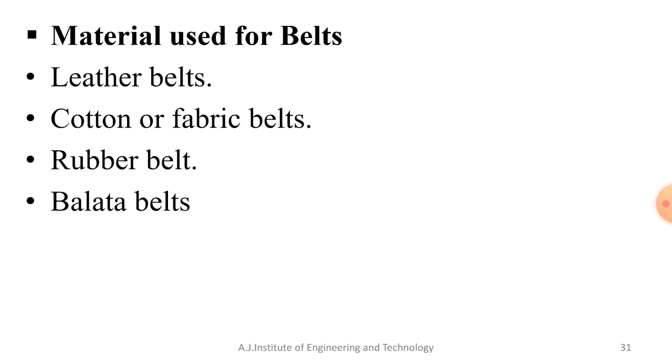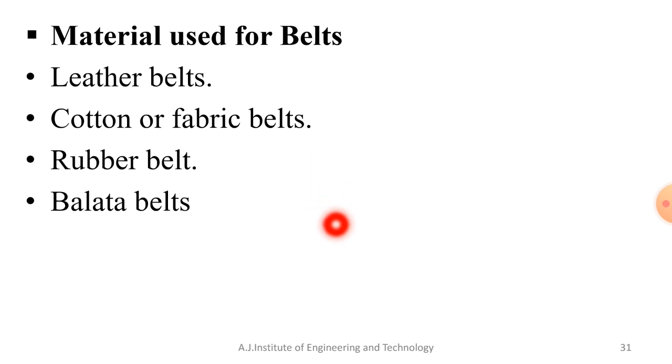At the same time, the belt material should have high tensile strength to withstand belt tension, because the belt is always subjected to tension, so it should not fail. So whatever belt material you select, it should have high tensile strength, the ability to withstand force.